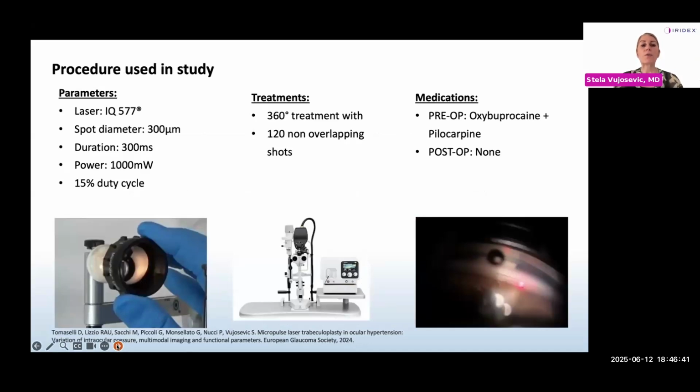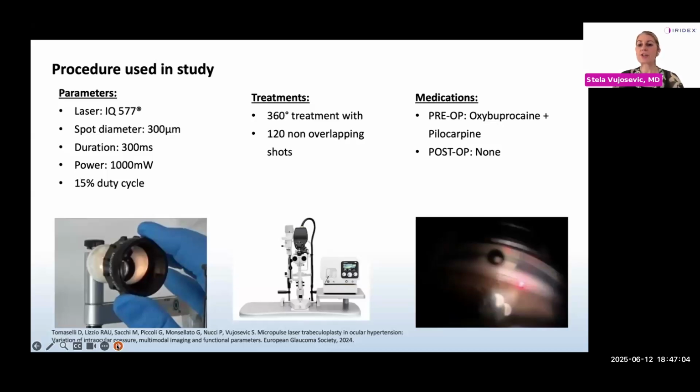We use the IQ 577 nanometers, spot diameter 300 microns, duration 300 milliseconds, power 1000 milliwatt, and 15% duty cycle, 360 degrees treatment with at least 120 non-overlapping shots.